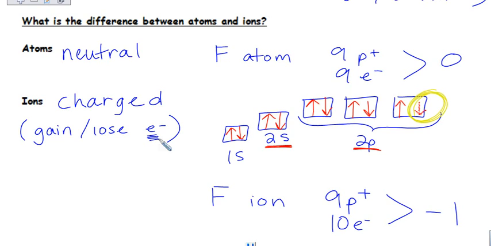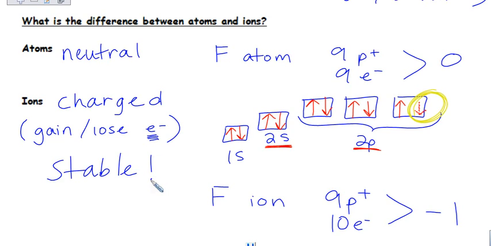We are not gaining or losing protons. That would be a nuclear reaction, and we don't want to do that. We're just trying to fill the outer shell of electrons. So we're going to obtain a charge by gaining or losing electrons. Now this particle is stable.